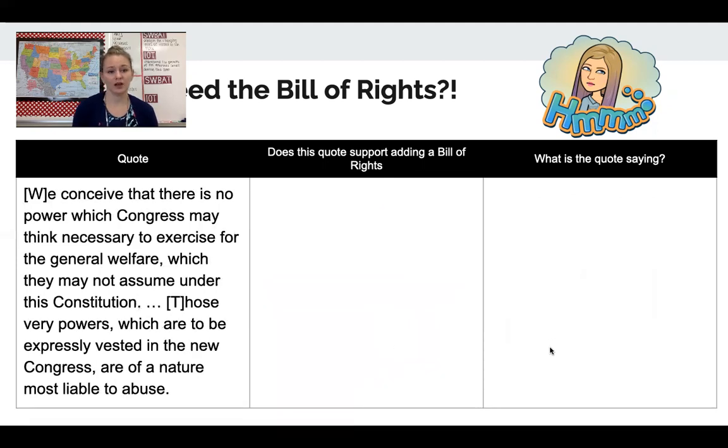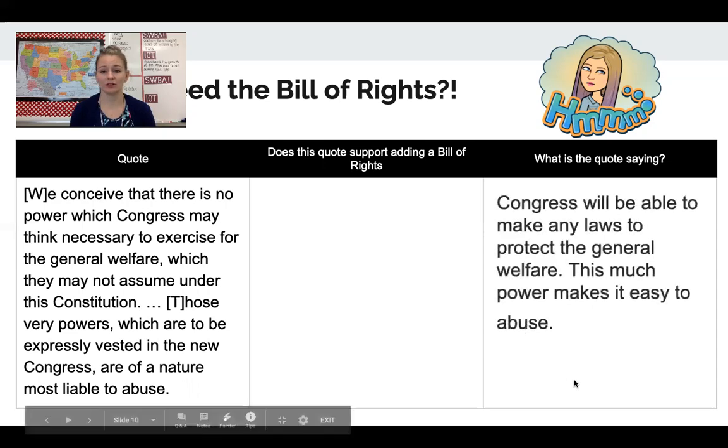Here's the next one. We conceive that there is no power which Congress may think necessary to exercise for the general welfare, which they may not assume under this Constitution. Those very powers which are to be expressly vested in the new Congress are of a nature most liable to abuse. So again, let's look at what it's actually saying.